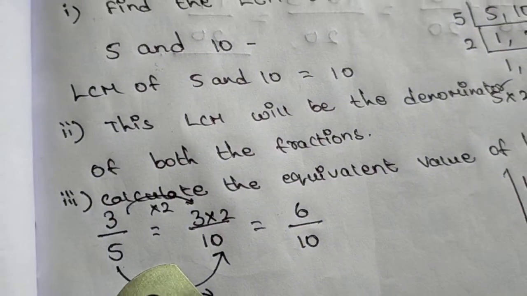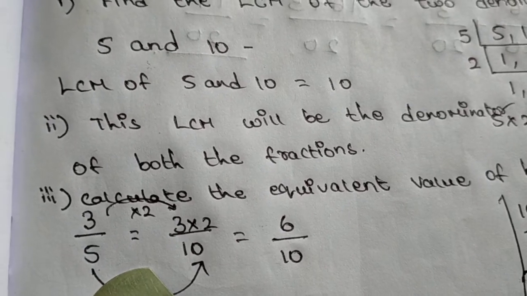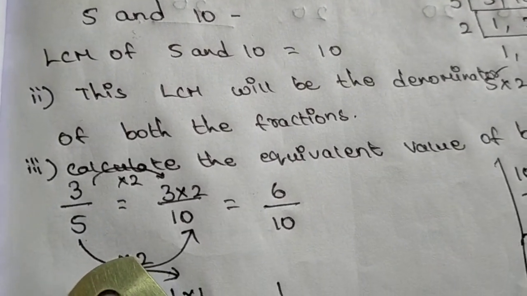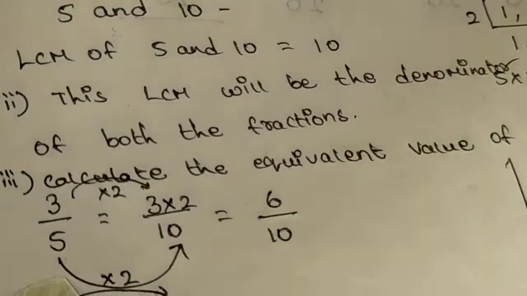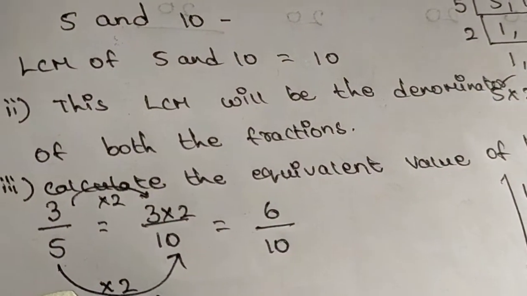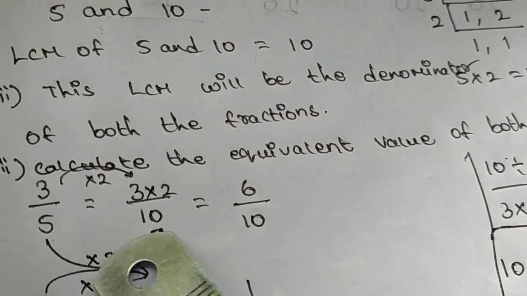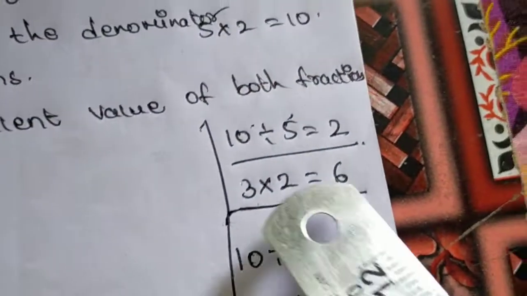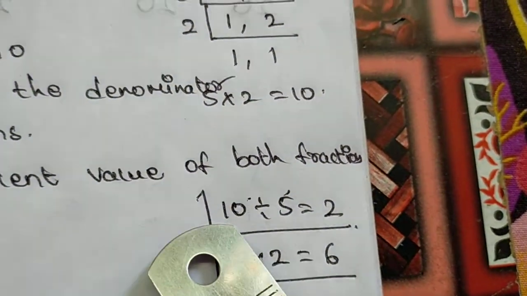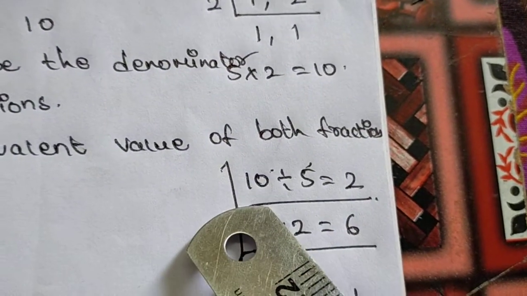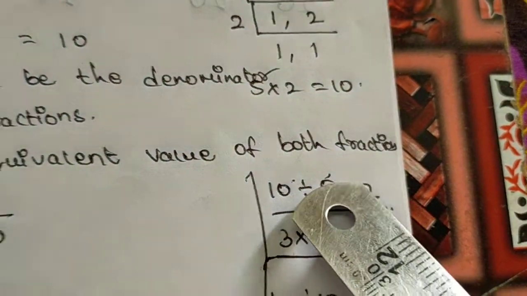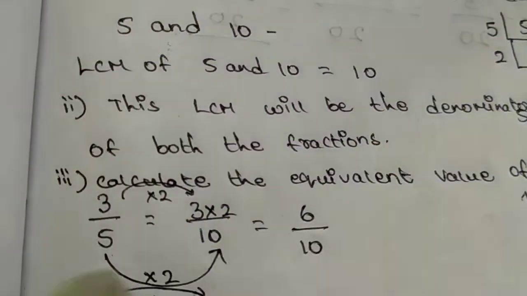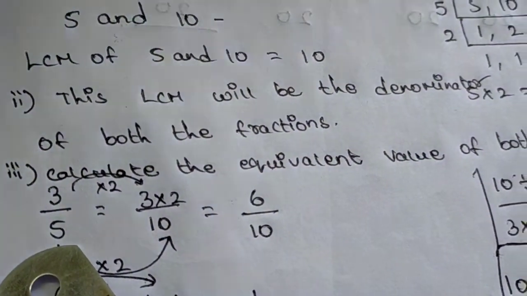Next step is you have to find the equivalent value. 3 by 5 is your first fraction. The LCM you got is 10, and this is your denominator. You will divide this LCM, 10, by 5, the denominator of the first fraction.